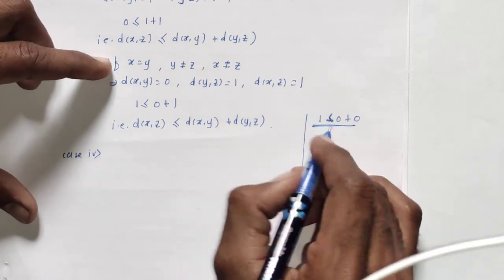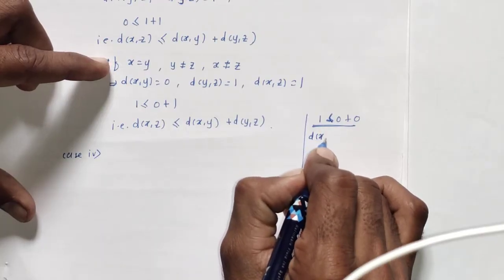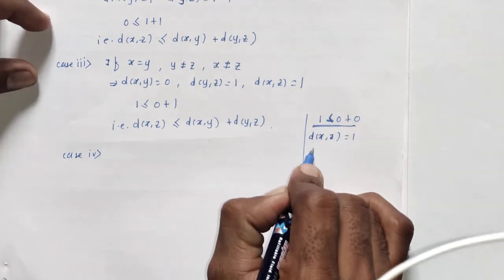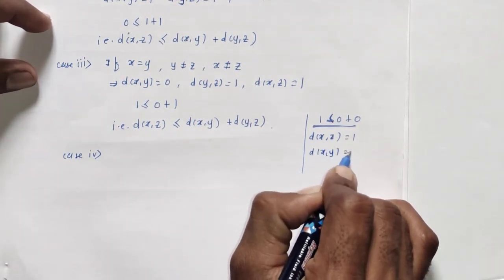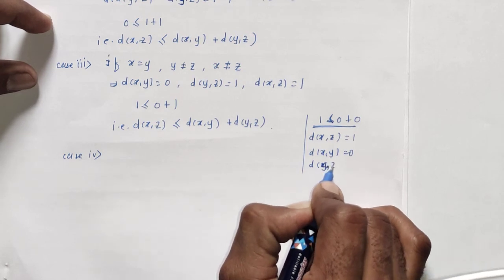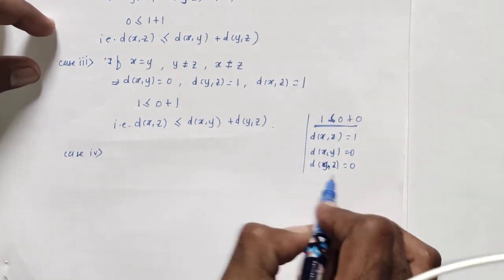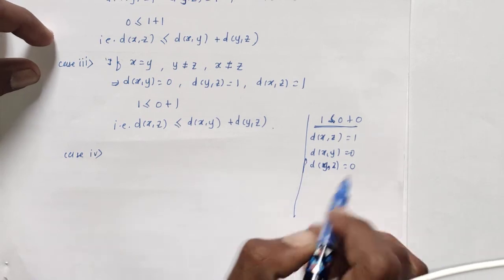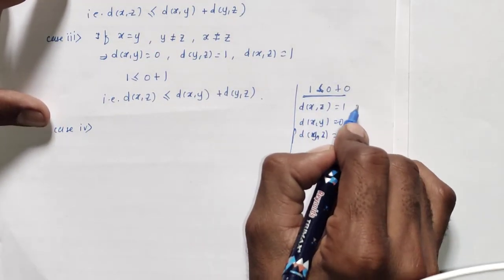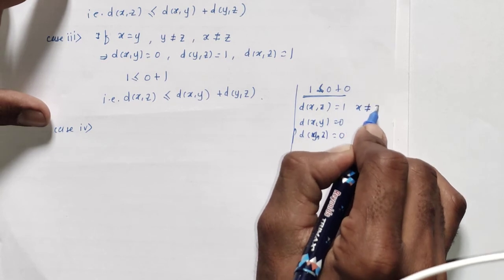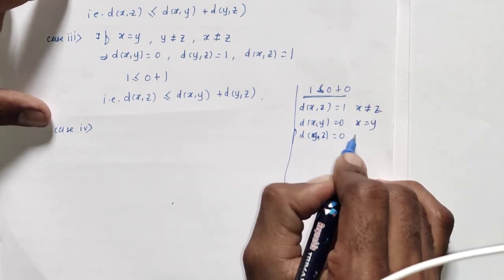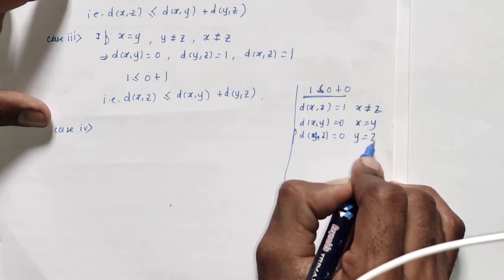But if you take distance of xz equal to 1, distance of xy equal to 0, and distance of yz equal to 0, then it is wrong, since distance of x and z equal to 1 is possible when x is not equal to z, distance of xy 0 means x is equal to y, and distance of yz equal to 0 means y is equal to z.